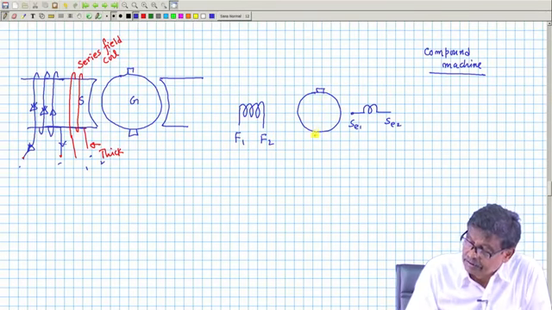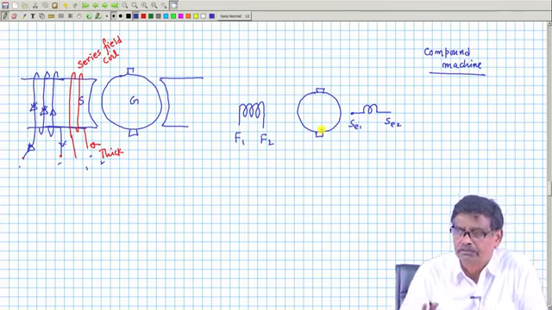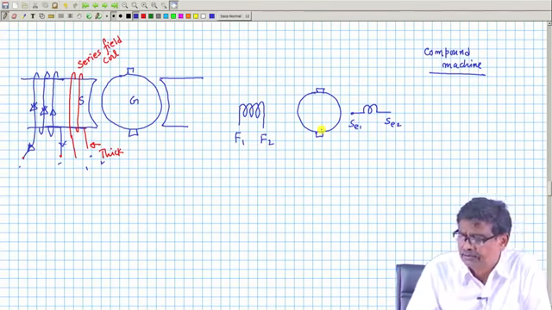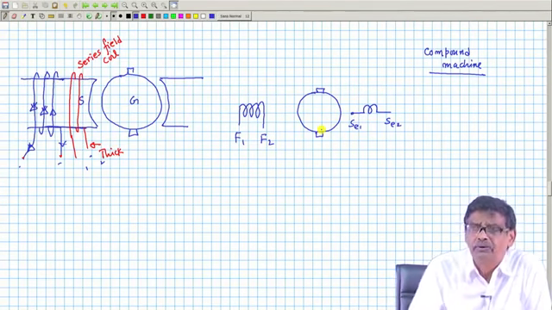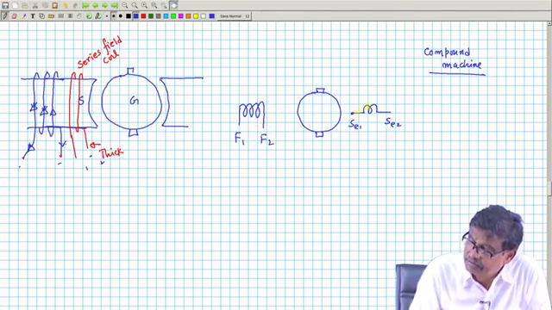And these are the armature terminals without any interpole and compensating coil. Okay? It is like that. One of the easiest ways to somehow make up for the loss in voltage is to have a series field winding, and these two then connect.